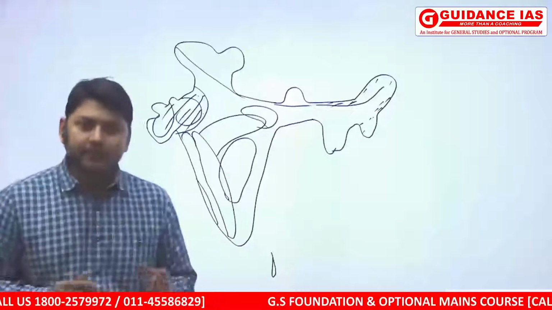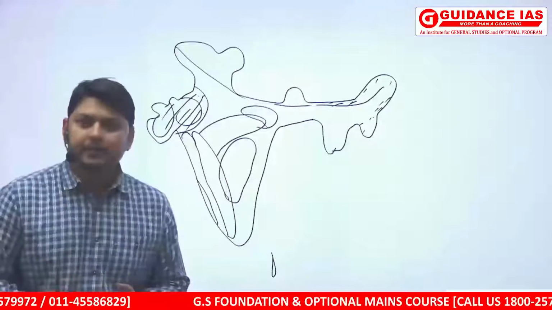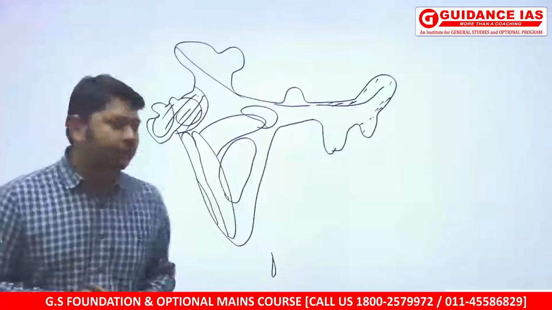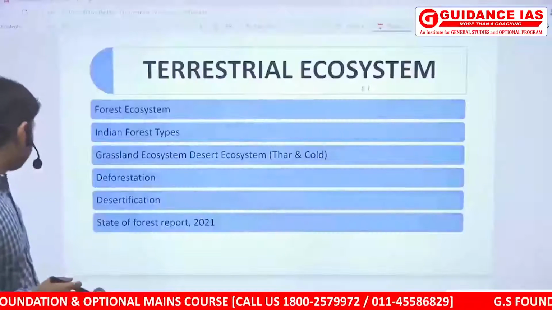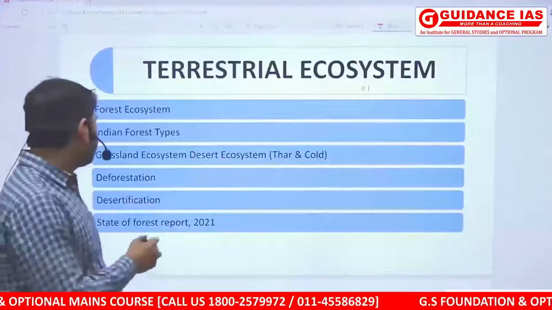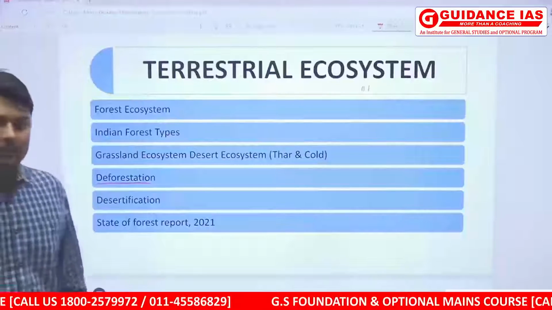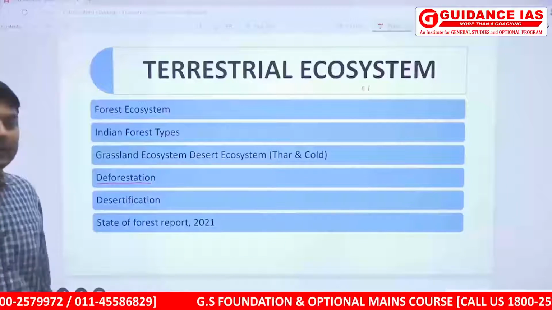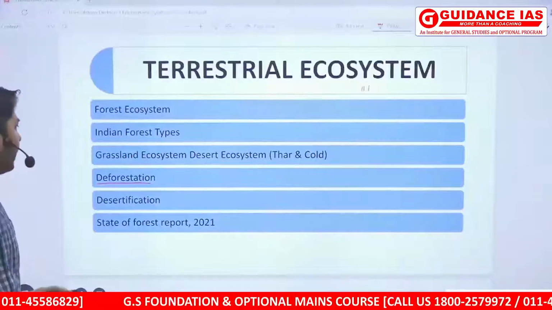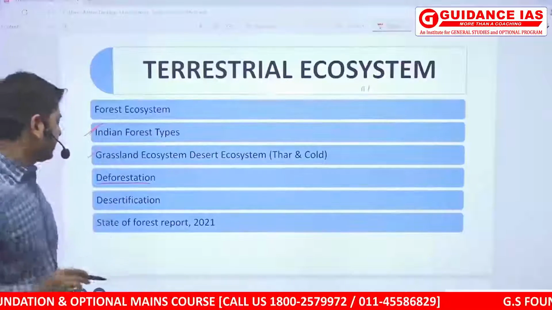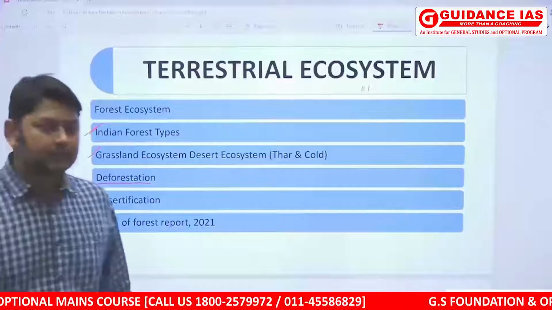If during 2 to 3 years or 5 years there is less rainfall, then it will be converted into a desert ecosystem. These are the aspects covered, like how deforestation occurs and how desertification occurs in these Indian forest types and in the grasslands. So we'll be seeing them further.